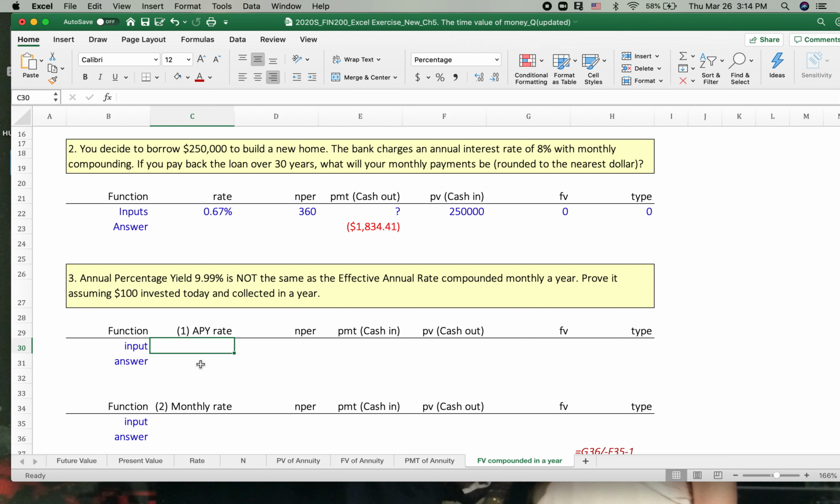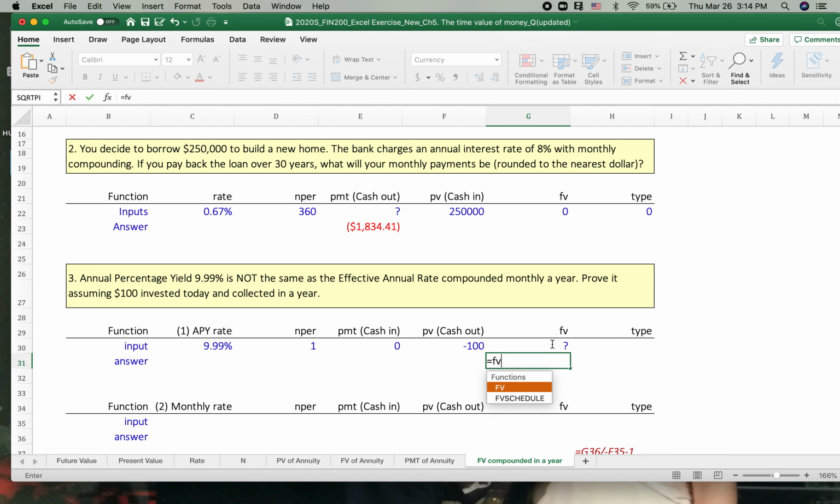So for the annual percentage yield, we put just 9.99%, and the number of periods just 1 year, and then no payment, and then the present value, if we put $100 today, and then the future value is going to be what?